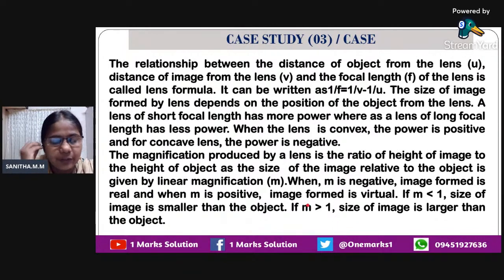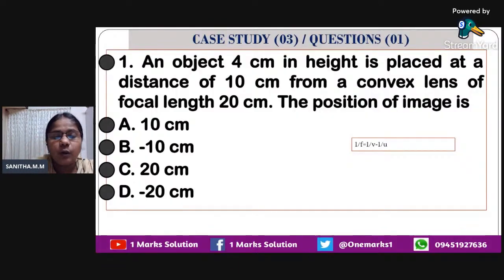You know the difference between real and virtual. If m is less than 1, the size of the image will be smaller than the object, that means a diminished image. If m is greater than 1, the size of the image will be larger than the object. So you can note all these points.